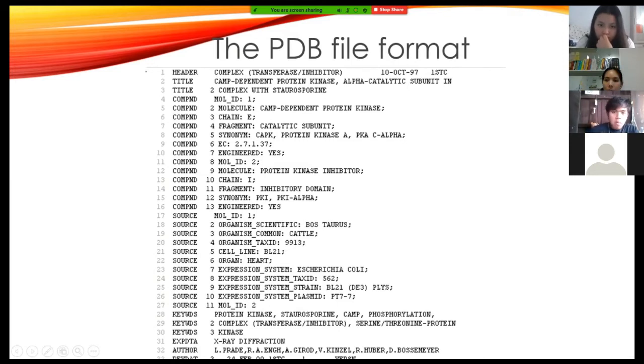It will say whether the protein was engineered, what EC or Enzyme Commission number they are, what organism the protein comes from, and the expression system that they use, like this one from Bos taurus, or cow, and they express it in Escherichia coli. So the header is an important thing.